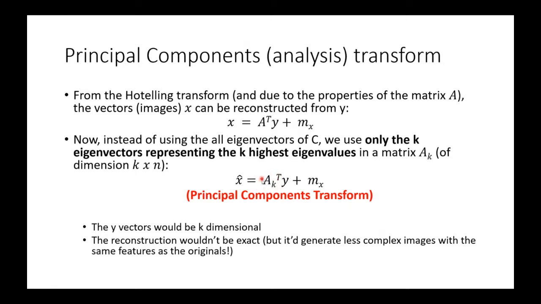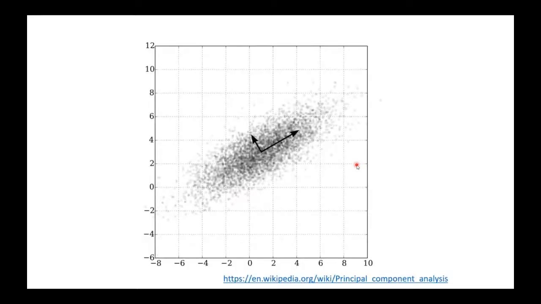So here I'm only representing in the image the principal components of the covariance matrix. Obviously, if I'm cutting a few of the components, a few of the eigenvectors and eigenvalues, this reconstruction won't be exact, but it will be good enough because I'm using the eigenvectors that have the highest eigenvalues, right?